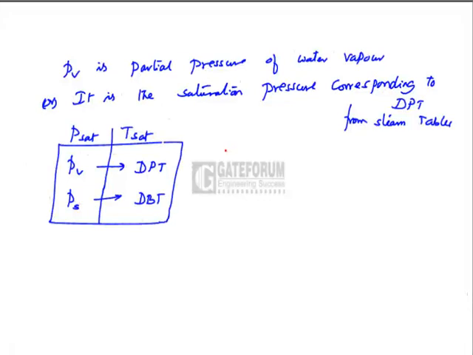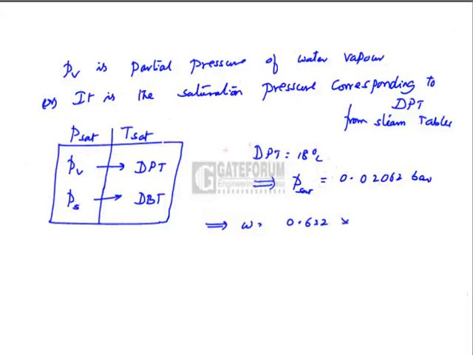Here the saturation pressure of water at 18 degrees centigrade, DPT is given as 18 degrees centigrade, implies saturation pressure is 0.02062 bar, implies W is equal to 0.622 into 0.02062 divided by 1.013 minus 0.02062.